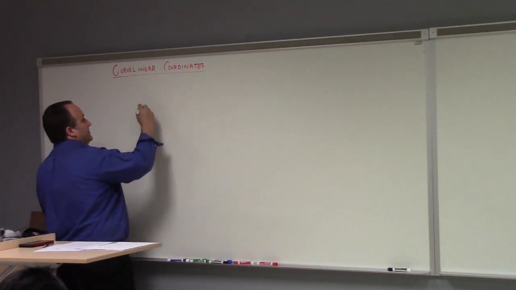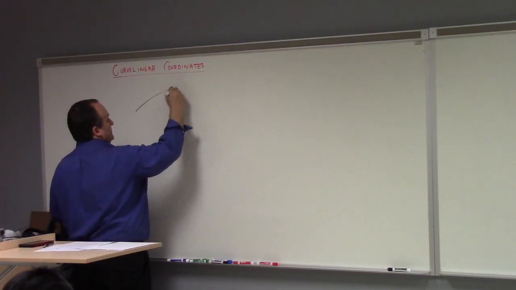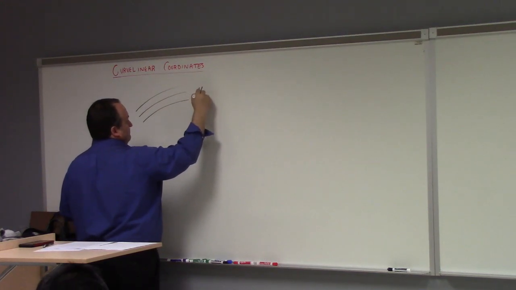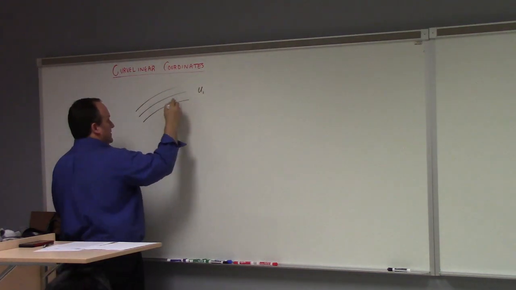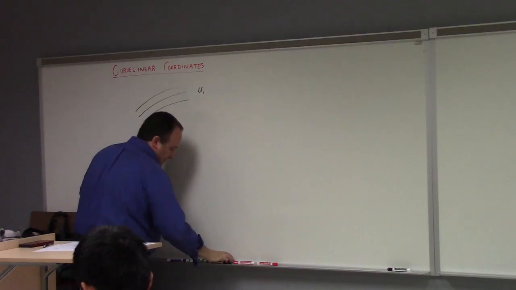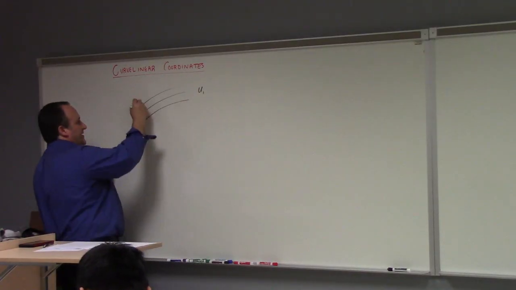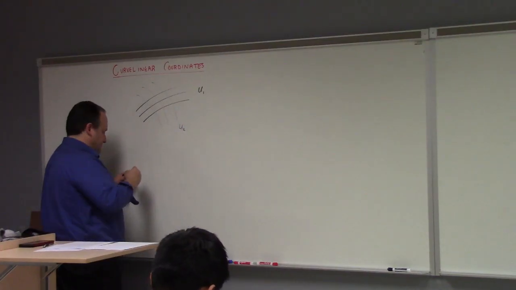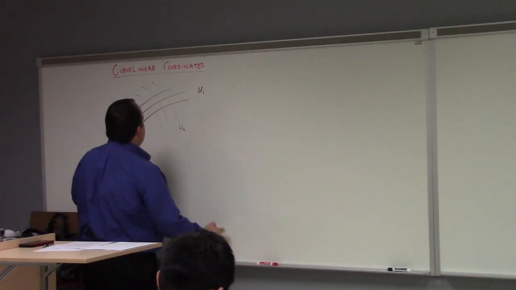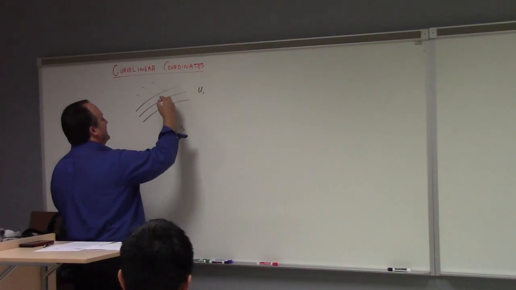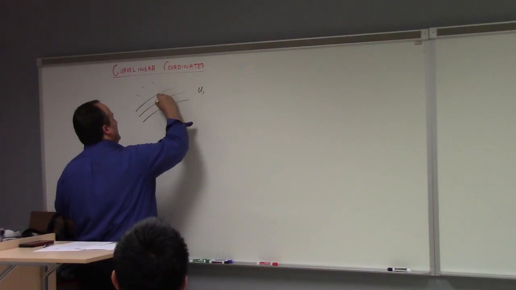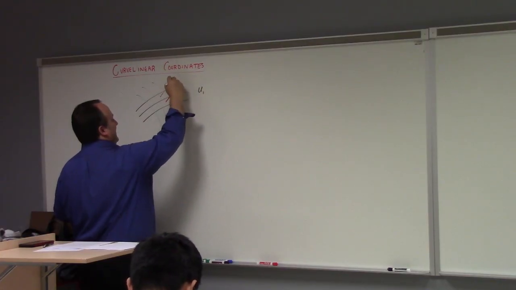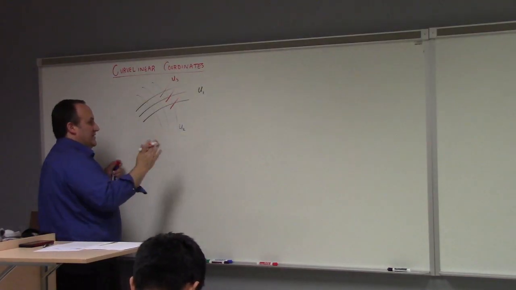Something like these could be the U1 kind of lines, and here's U2, and here's where I'll get into trouble, U3, you can imagine. I can't do it justice.